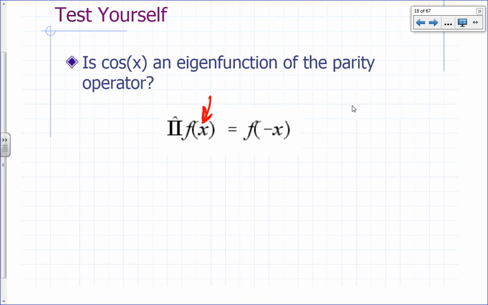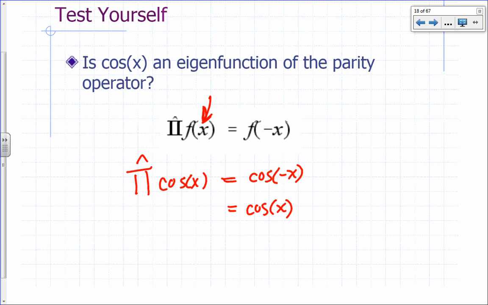Alright. Cosine x, is that an eigenfunction of the parity operator? The parity operator operating on cosine x gives you what? Every time I see an x, I replace it with negative x, so that gives me cosine of negative x. But cosine of negative x is just cosine x. It's an even function, right? So the answer is yes.